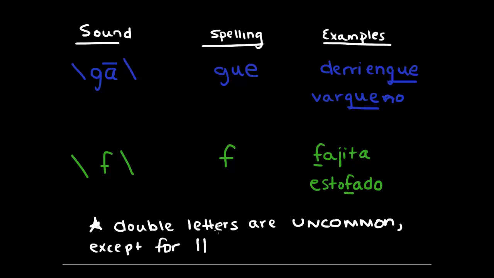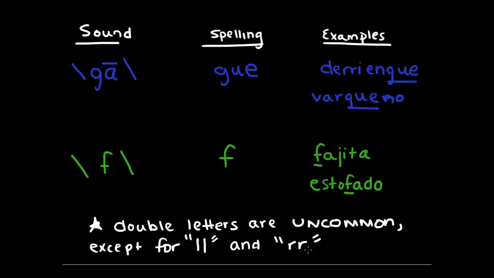Remember, this is considered a single letter in Spanish, but in the anglicized form, they are double letters, LL. So, except for LL, this is very common, and a double R. This isn't very common, but it does happen.